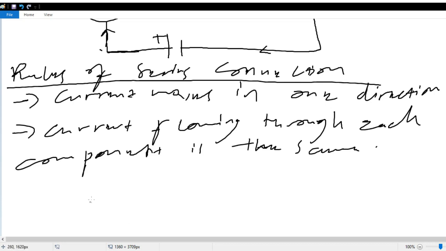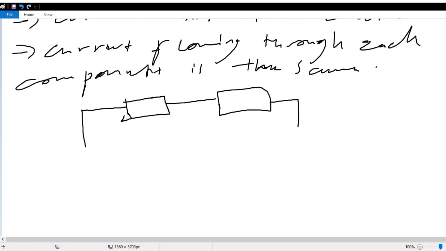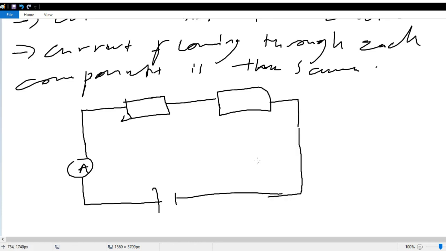If we draw this circuit with resistors having two different values, say this is 2 ohms and this is 4 ohms, the potential difference across these two resistors will be different.